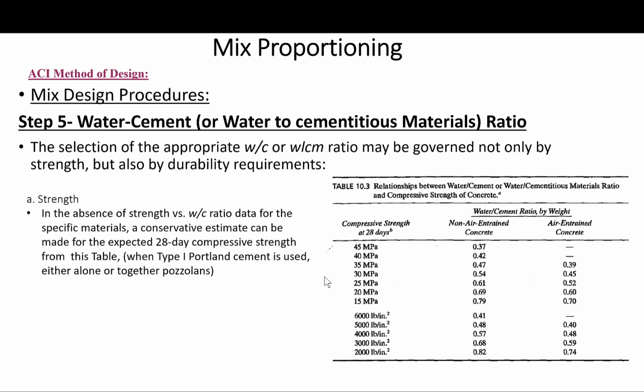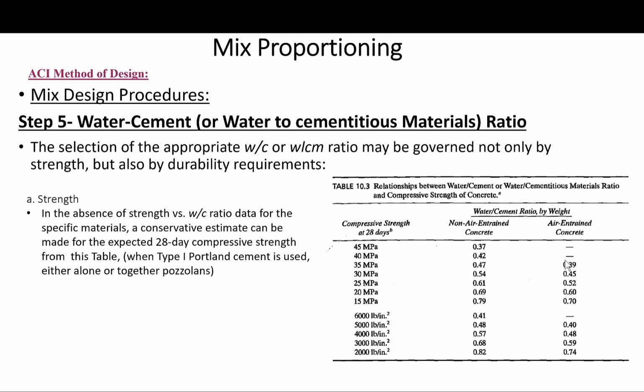So the designer must develop his or her own data for these cases, or when the design is governed maybe by flexural strength requirements. So this table works for type 1 cements with the use of pozzolan.